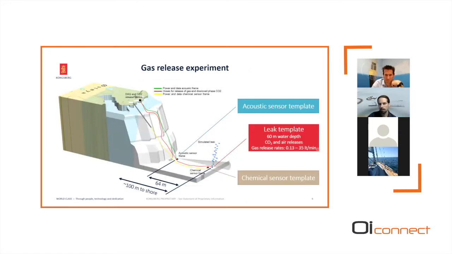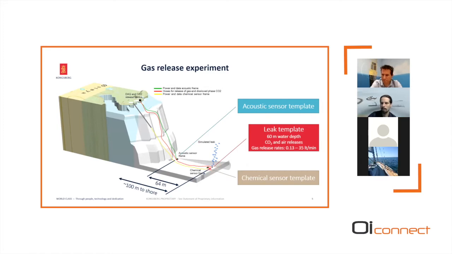This slide gives a little more detail on how the site looked. 100 meters from shore and 64 meters apart, two different locations for installations on the seafloor were identified. We had an acoustic sensor template with acoustic sensors insonifying the area of the gas release.